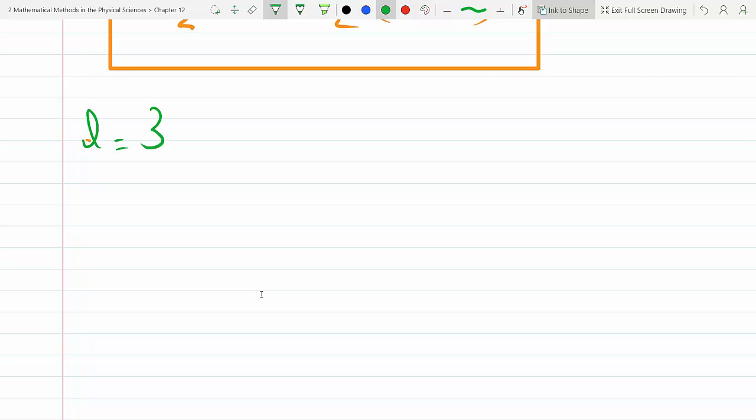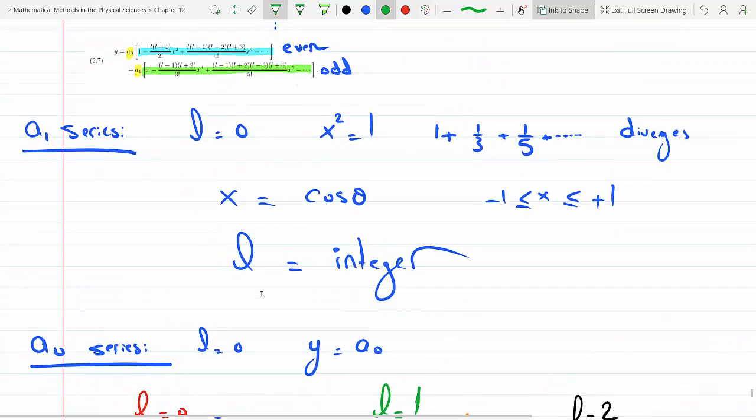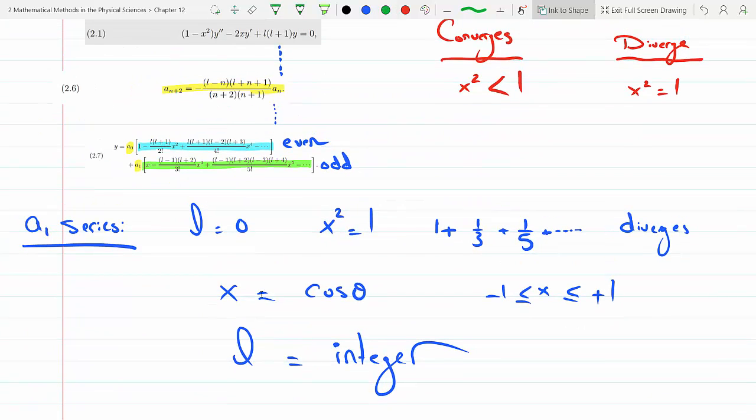If I go to the A1 series, notice that starting on the third term, you have a factor of L minus 3. So every term starting with the x5 term and beyond will be zeros, and the only ones you will be left with are the first two terms, x and x cubed.